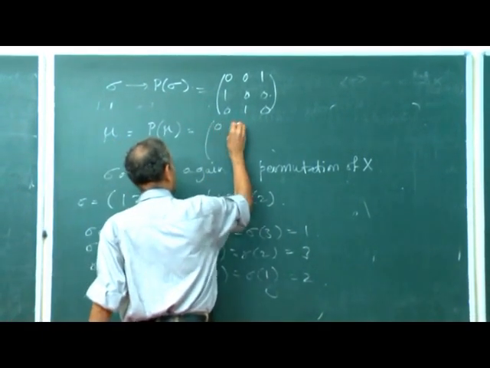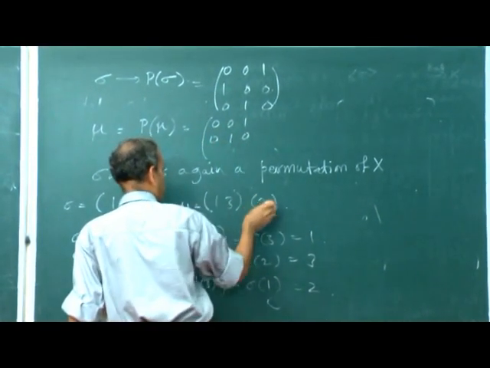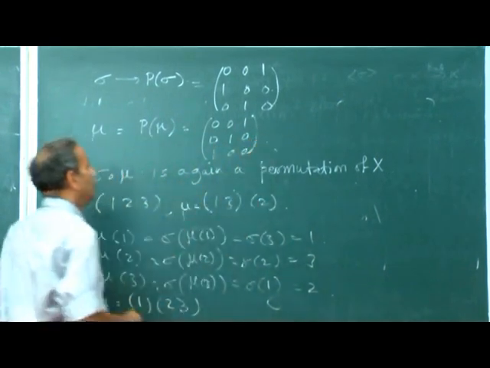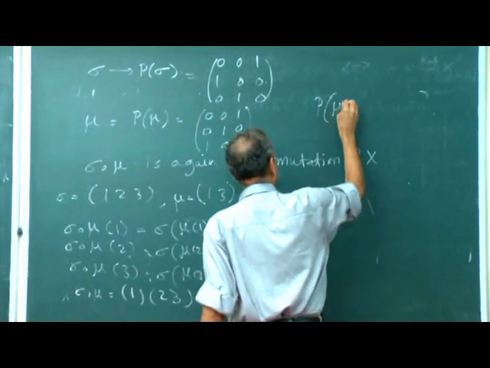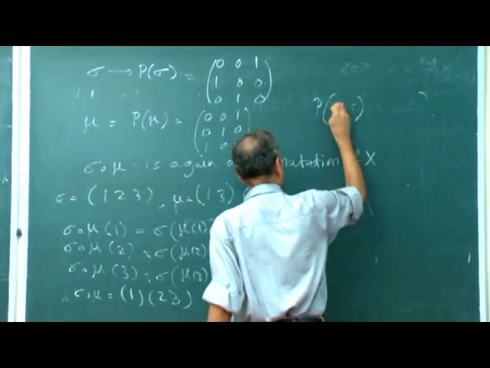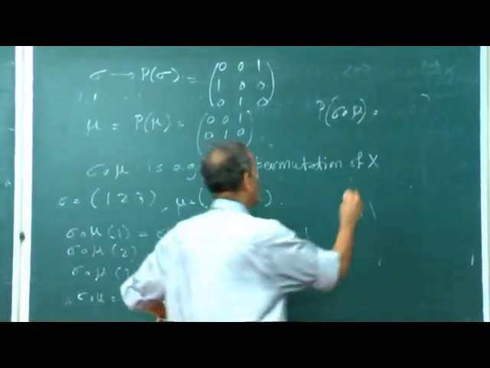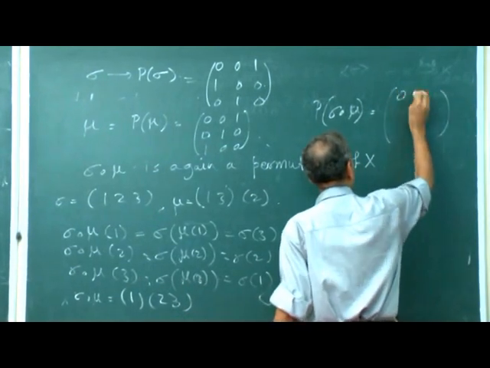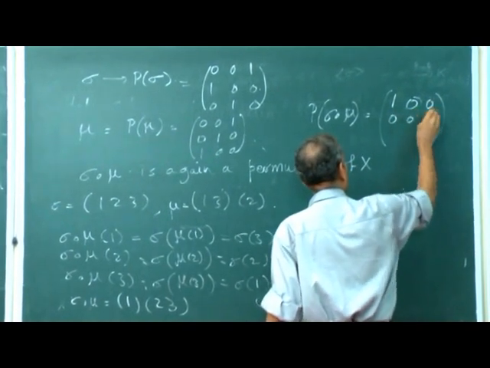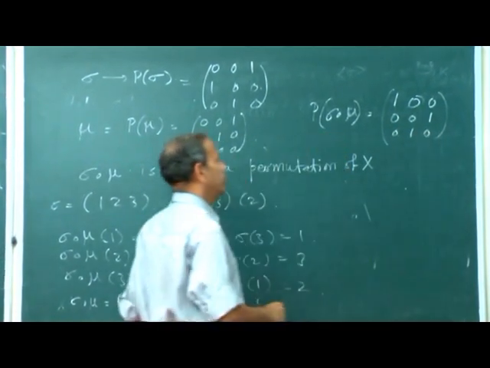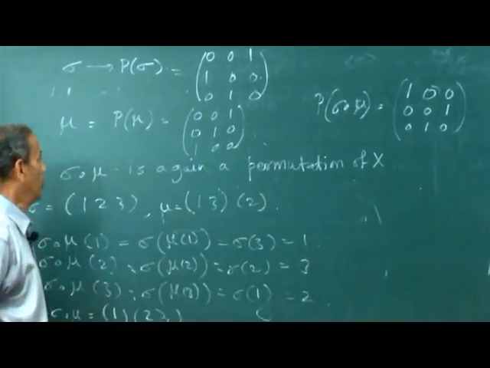So it is 0, 0, 1, 0, 1, 0, and 2 is fixed. And if you consider P sigma mu, it is 1 fixed, and rows 2 and 3 are interchanged. So this is the matrix corresponding to the composition of sigma and mu.